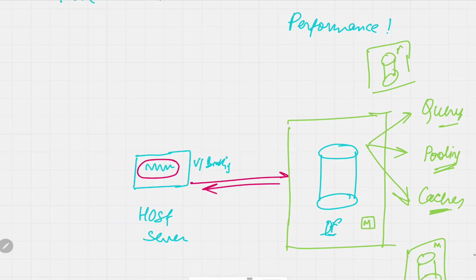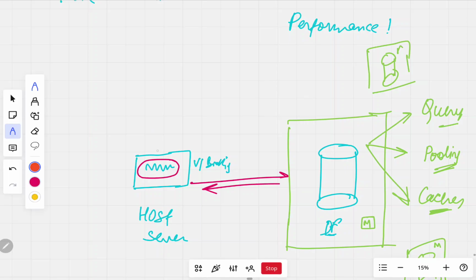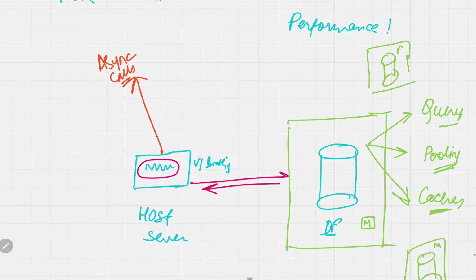API, whenever you're doing, and if something can really be done asynchronously, use it. Okay, so async calls. Suppose you have an API for booking. Internally it would require a notification.